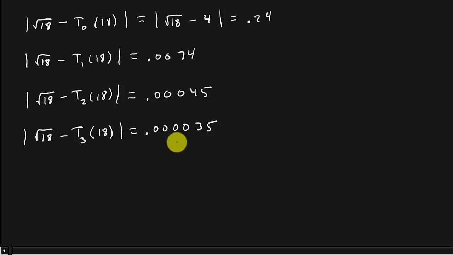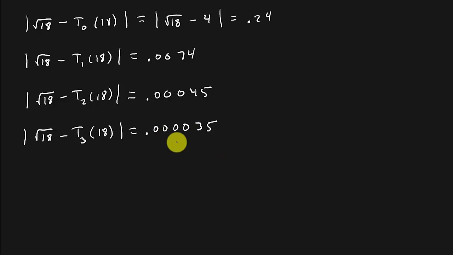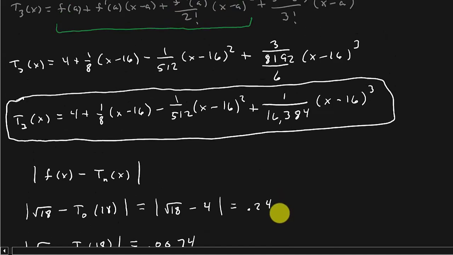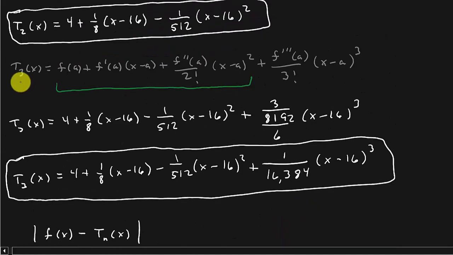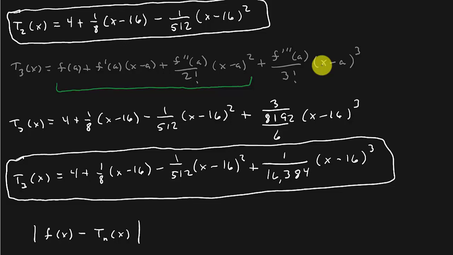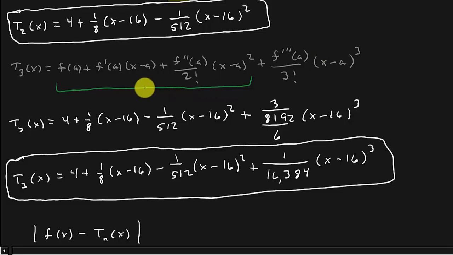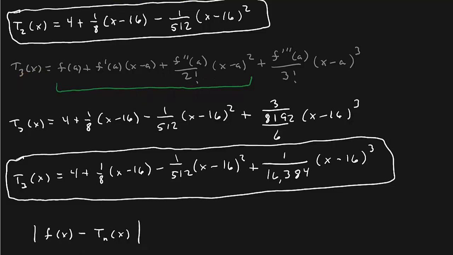So, you know, Taylor polynomials, they're not difficult to do. I think the best thing to do is just write down your formula, write down what you're needing to find, and then find all that stuff and plug it in. And it's just like this formula here for T3. If I were to find T4, then what would I do?